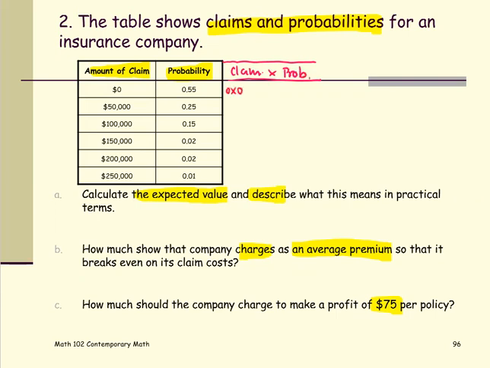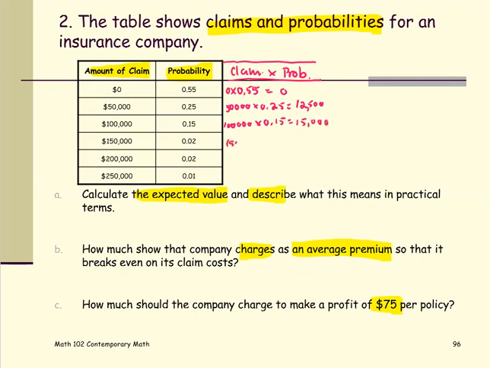So 0 multiplied by 0.55 to get 0. 50,000 multiplied by 0.25 to get 12,500. The next one, $100,000 multiplied by 0.15 to get 15,000.